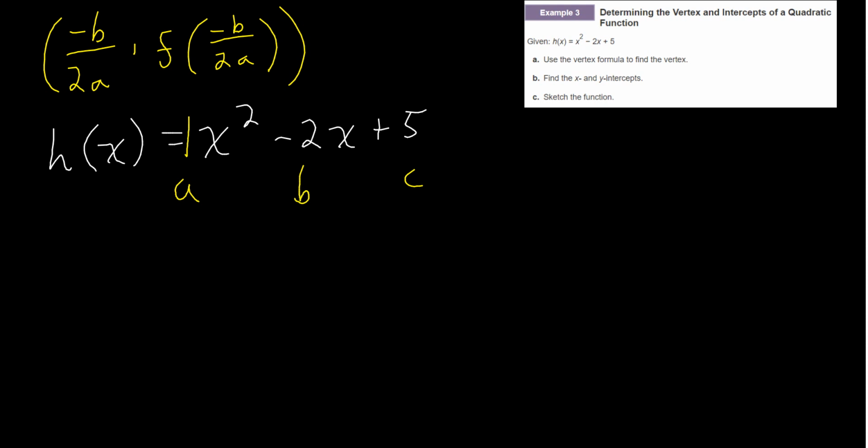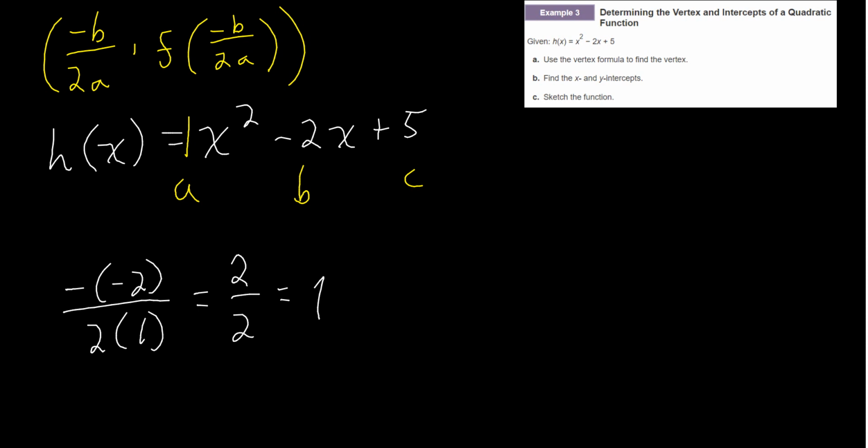So using the vertex formula, it's negative b over 2a. How do I go about doing negative b over 2a? Well, it's easy. It's a negative b, and b is negative 2, so negative 2 all over 2 times a, which is 1. Negative negative 2 is a positive 2, and 2 over 2 is 1.